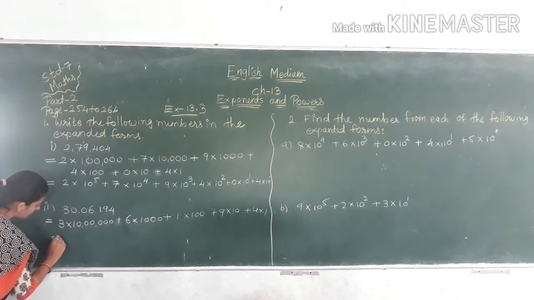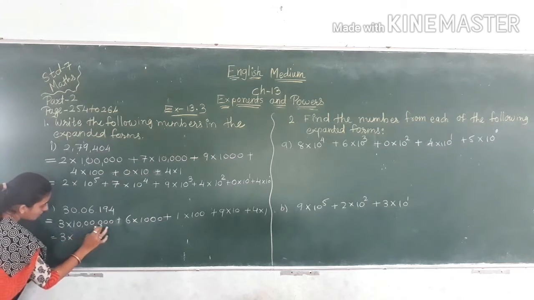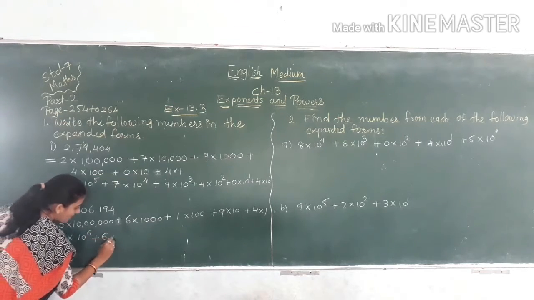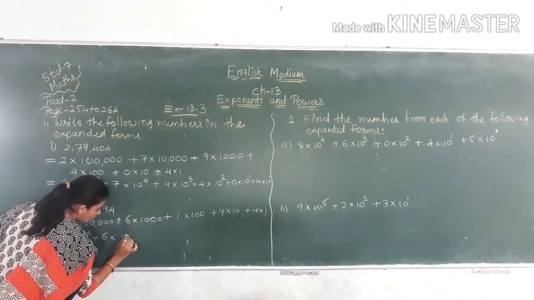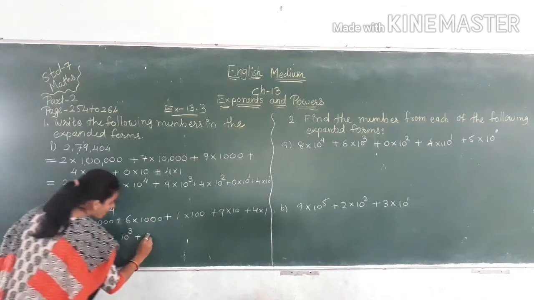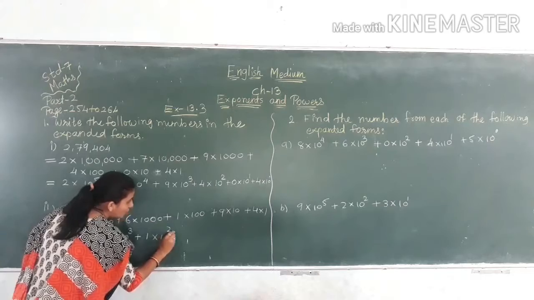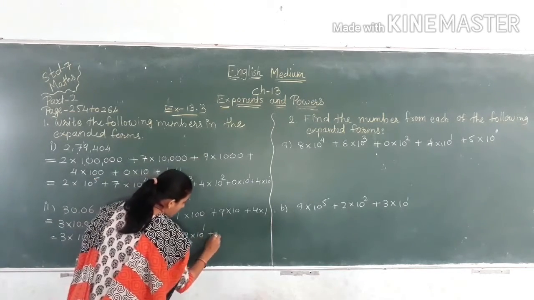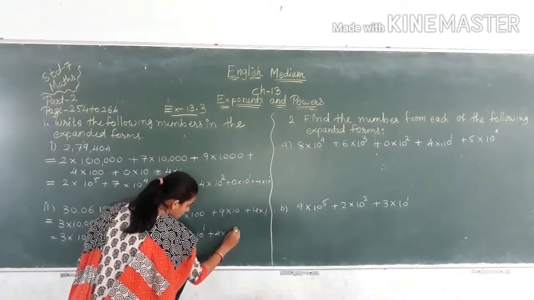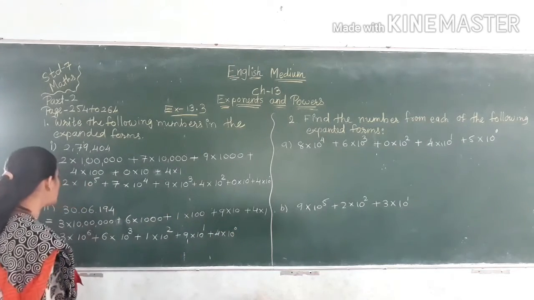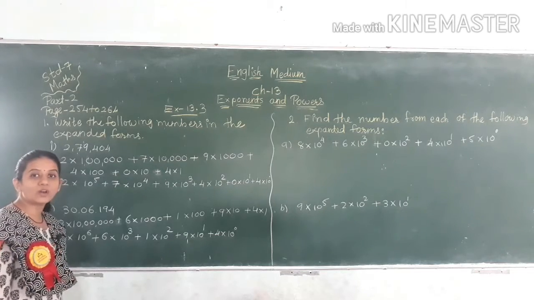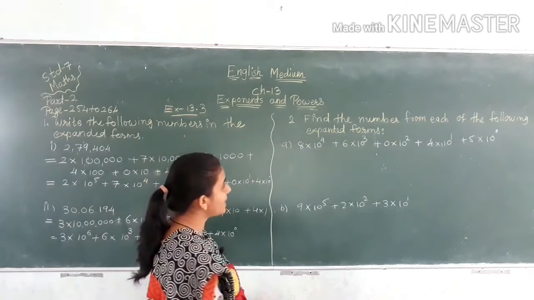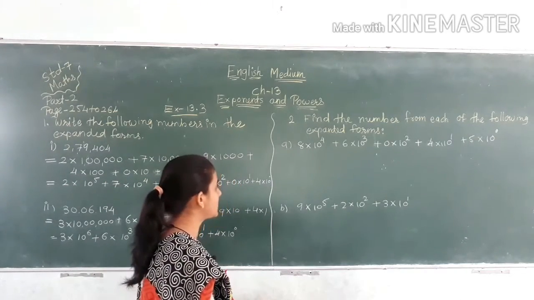Then here 3 multiplied by 10 raised to the power 6 plus 6 multiplied by 10 raised to the power 3 plus 1 multiplied by 10 raised to the power 2, then 9 multiplied by 10 raised to 1. Then 4 multiplied by 10 raised to 0. It is called the expanded form of 30,06,194.